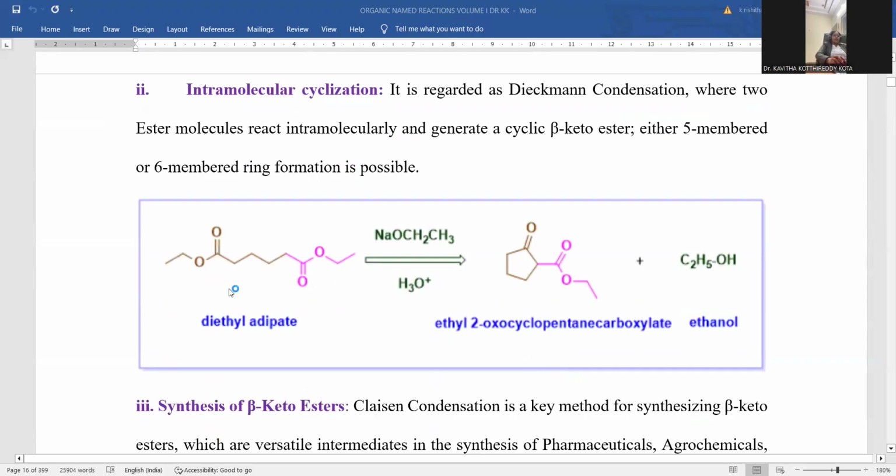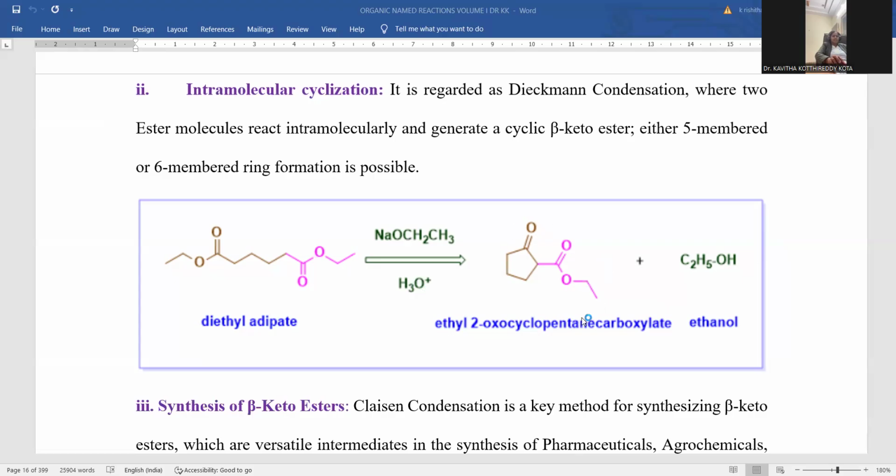If the same reactant has two ester functionalities at its terminal carbon atoms, it is also possible to go for the intramolecular Claisen condensation, giving rise to cyclic systems, where I am adopting diethyl adipate as the starting material, with suitable ester functionalities on the same compound. I am applying a strong base like sodium ethoxide under acidic workup conditions.